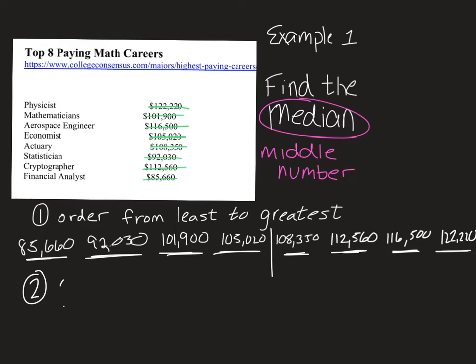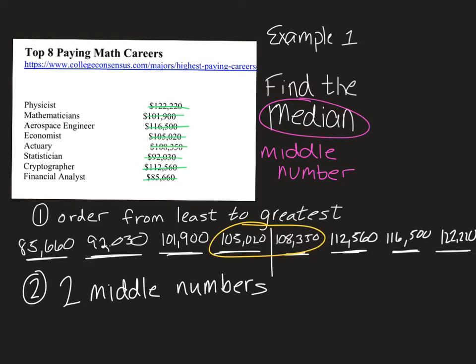So whenever we have two middle numbers, which in this case we do, those two middle numbers are 105,020 and 108,350. So I'm going to color code that so that you know I'm talking about those two middle numbers. So what we need to do is add them together.